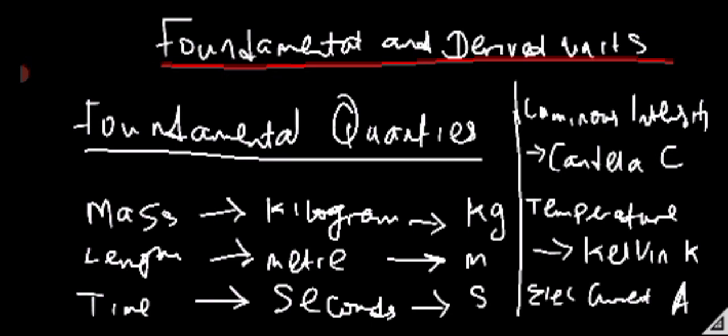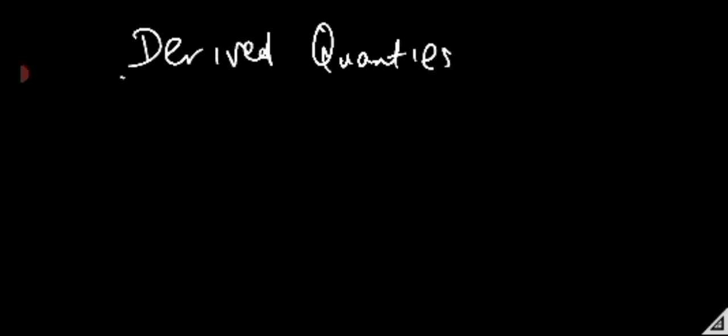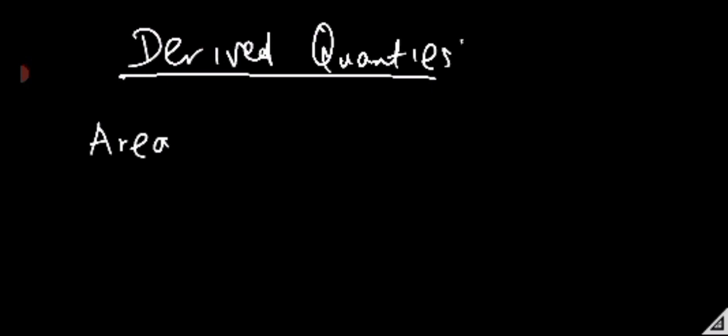Now let's talk about derived quantities. What are derived quantities? Derived quantities are units of measurement that are derived from the fundamental quantities. For example, area. How can we get the unit of area? Let me teach you a trick. To derive a unit, you must first know the formula of the quantity.